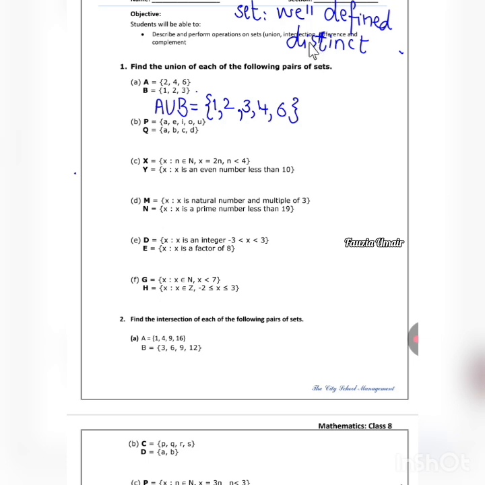The favorite movie that is in my mind would not be same as in any other person's mind. So that is not well defined. So you need to remember that set is a collection of objects which are well defined and distinct. So that's why when we are taking union, we are not writing 2 twice, because that will not be meeting this definition of set, that is it should be having distinct elements.